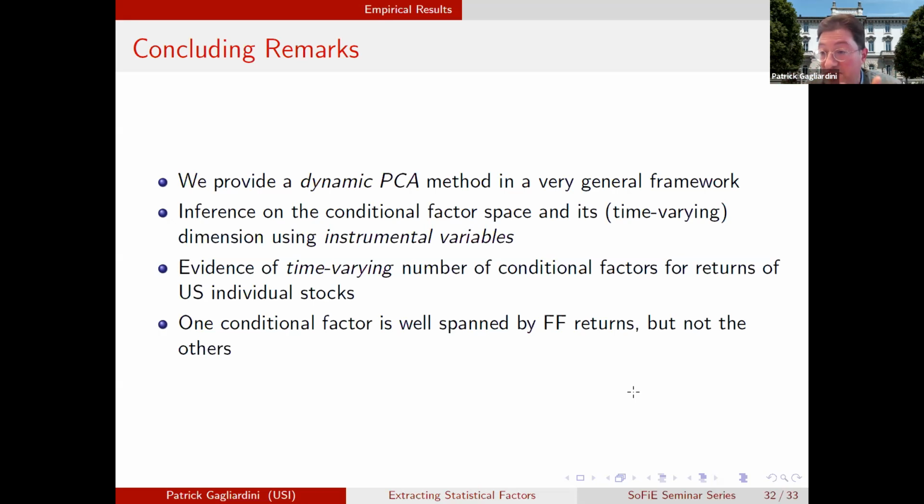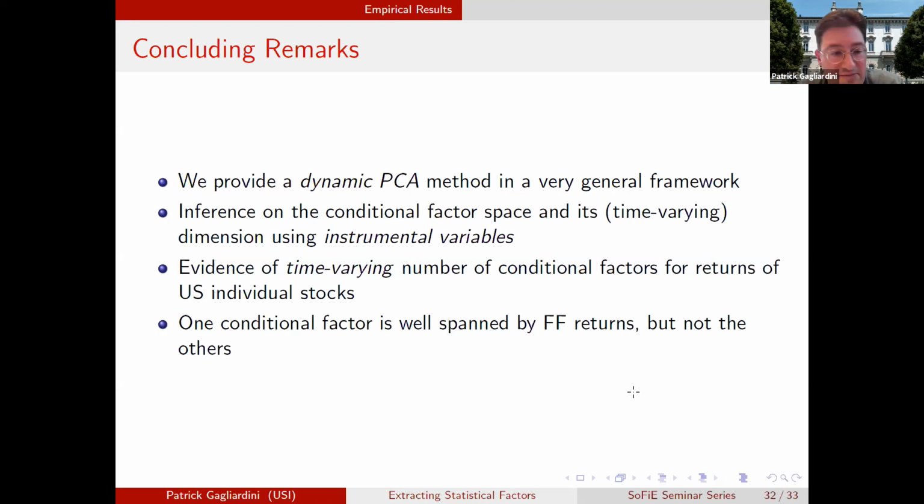They could be covariances, for instance, between the conditional canonical correlations and some variables, if you want to see how the conditional canonical correlation moves in terms of some variables. And we find some evidence that maybe one direction in this latent space is rather well explained or spanned by the Fama-French factors, maybe not others.